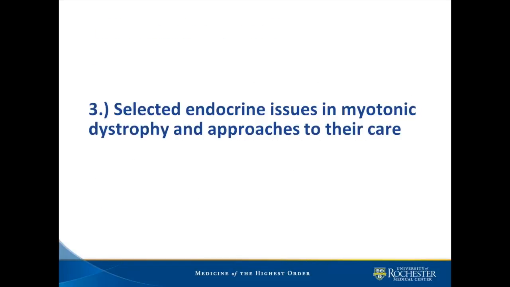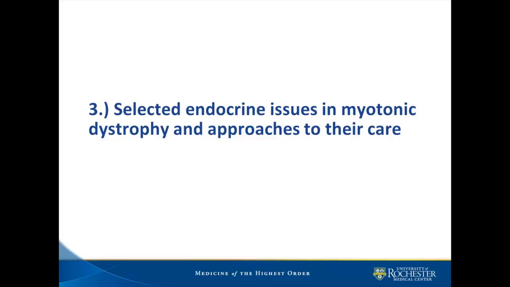Now, what I've decided to do for this afternoon is select certain endocrine issues that affect the management of patients with myotonic dystrophy, and very briefly highlight approaches to the care of those issues.